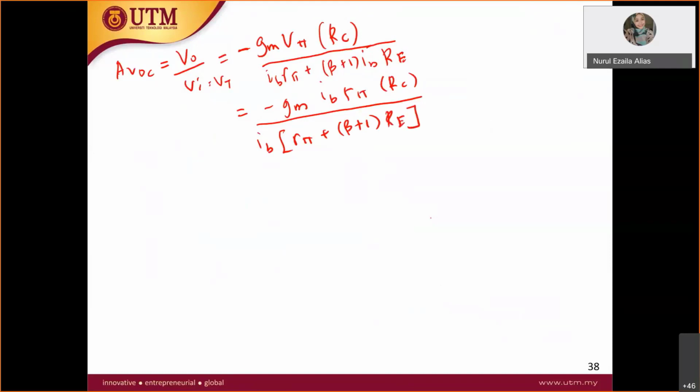You close the bracket. Can you cancel out this IB? Of course, you cancel out this IB and you get the simplification. Finally, it is equal to R pi RC over R pi plus beta plus 1 RE.